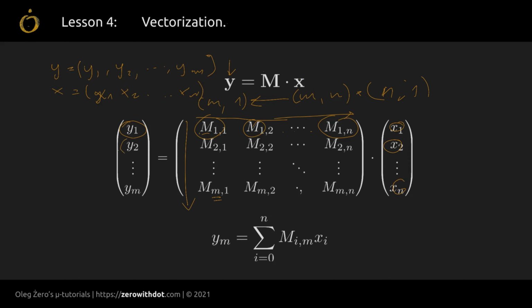And so the next one will go with the second row of the matrix, multiplied with the entire vector, and so on for all those rows until we have the last one, where we have m from 1 to n, which is the last row, and we'll multiply that row with this vector. So the formula below here is the formula for calculating the individual elements, and this is the so-called compact matrix form. But all of these forms are equivalent, and we'll use Numpy to do the calculations.